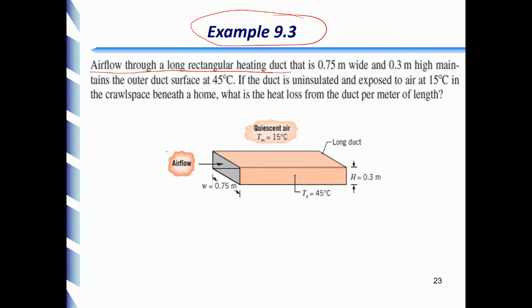So there is a rectangular duct channel, and air is moving through this channel. 0.75 meter wide and 0.3 meter high. Maintain the outer duct surface temperature at 45 degrees centigrade. The outer surface temperature is 45.